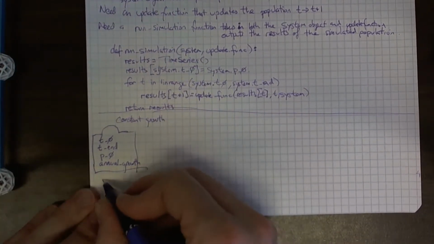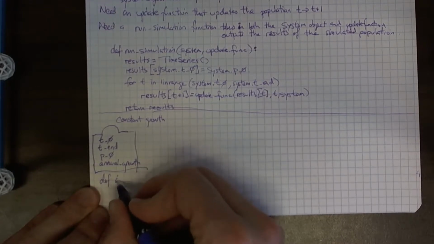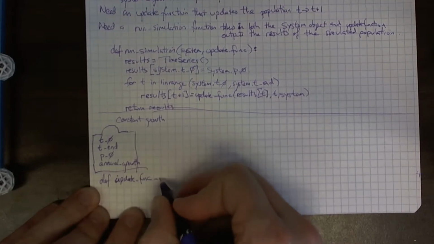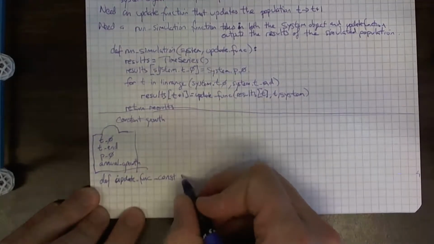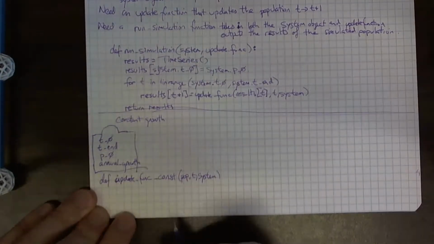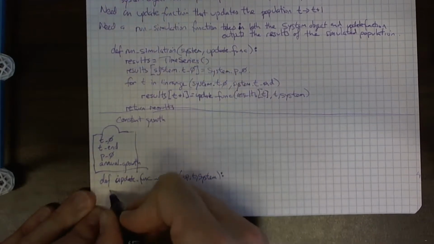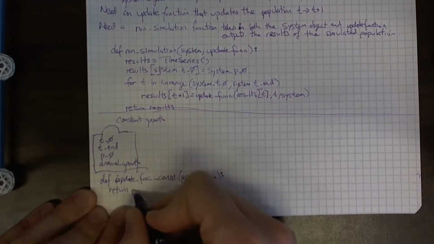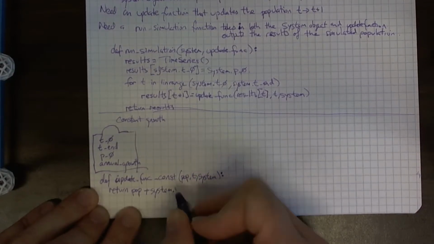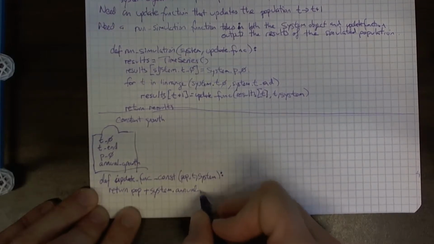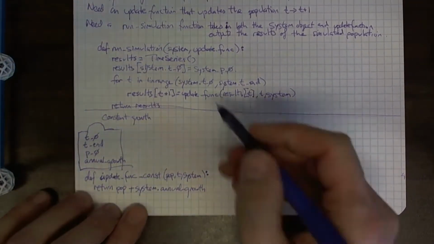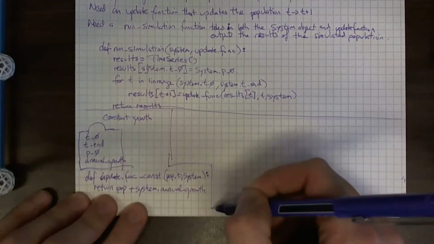The update function for the constant growth, given the current population, time, and the system information, is going to return the current population plus system.annual_growth. So that's the constant growth setup.